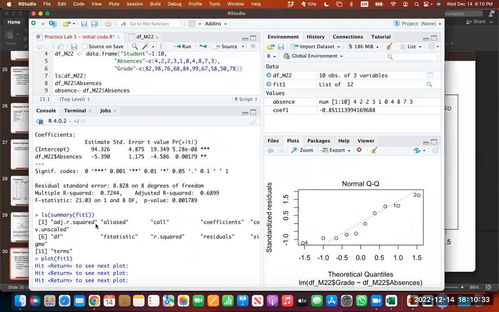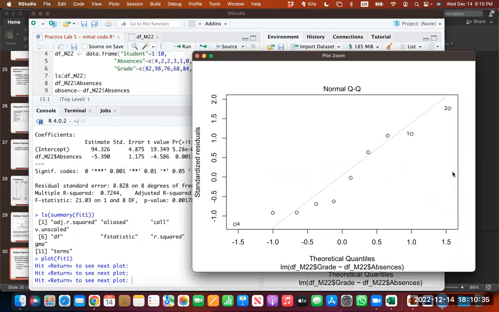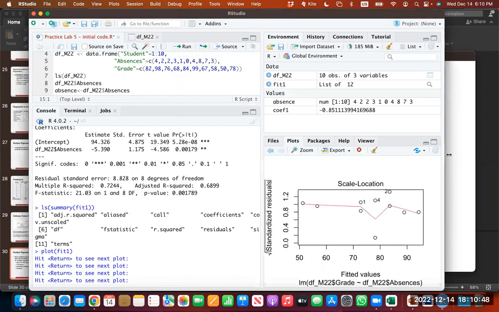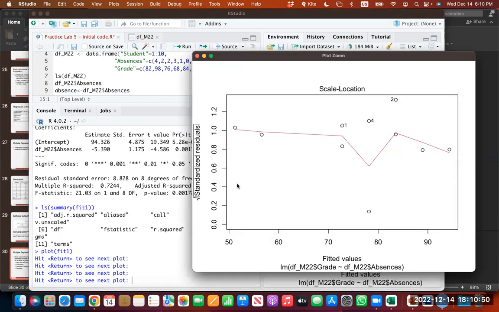You get various plots. So this is a so-called QQ plot, where you see your standardized residuals as a function of the theoretical quantiles. You have various other depiction ways. You have standardized residuals as a function of fitted values, so you actually see where the inaccuracies of your predictions are.